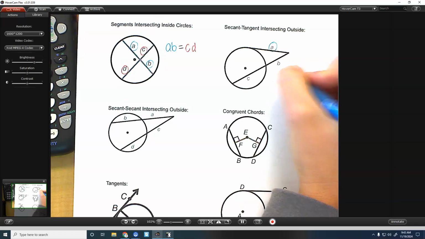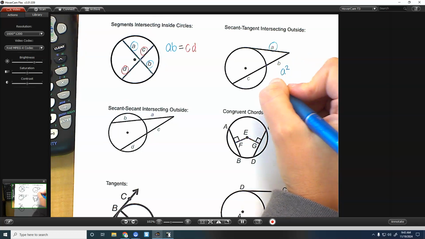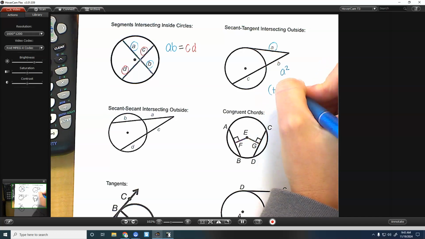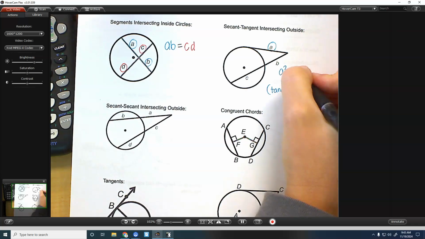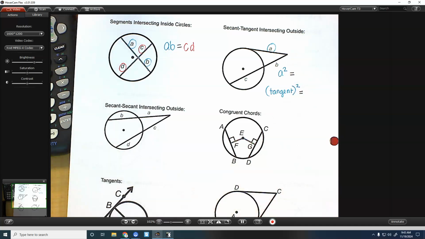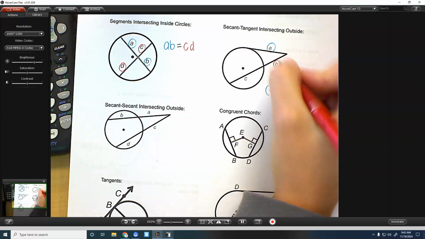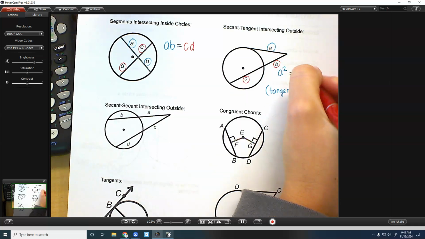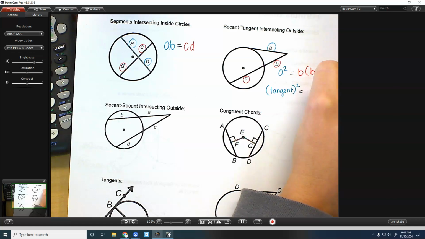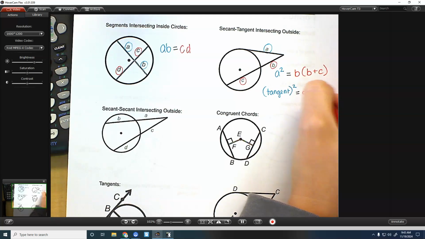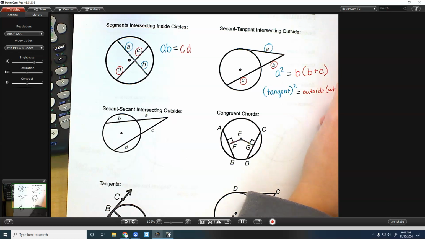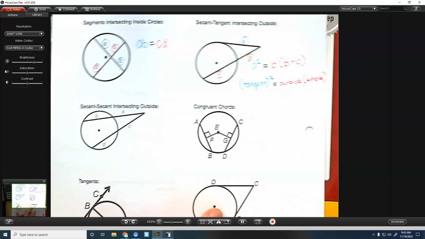So we'll have A squared, or if we want, we could write down here underneath it tangent squared equals, and then we've got B times B plus C. And that we can think of as the outside times the whole. Sorry, I'm running off the page there.